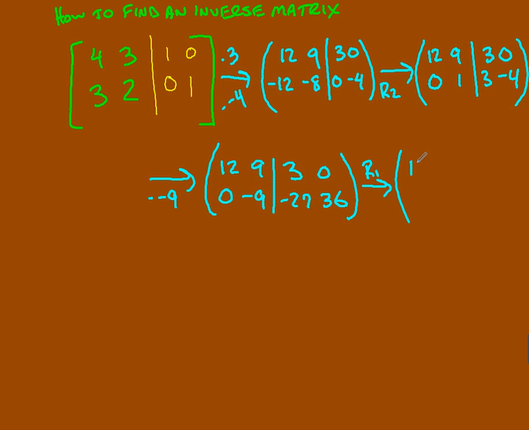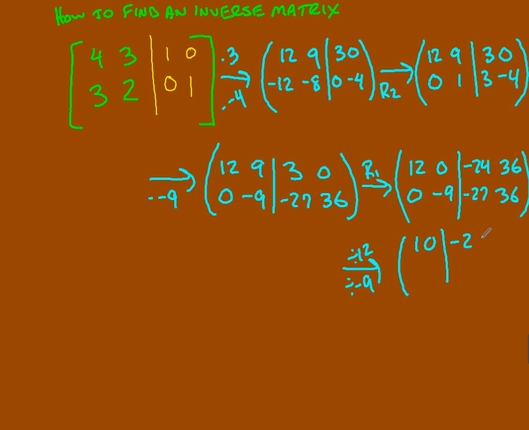When I do that, my top row will now be 12. Add those together, get 0. Negative 24, positive 36. My bottom stays the same. 0, negative 9, negative 27, positive 36. Then my last step is just to divide. Divide the top row by 12. Divide the bottom row by negative 9. And when I do that, my top row now should be 1, 0, negative 2, 3.